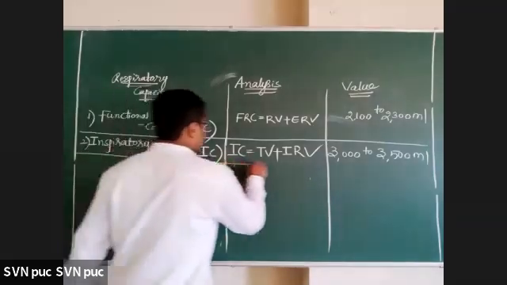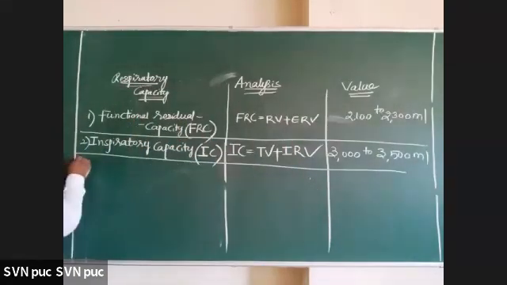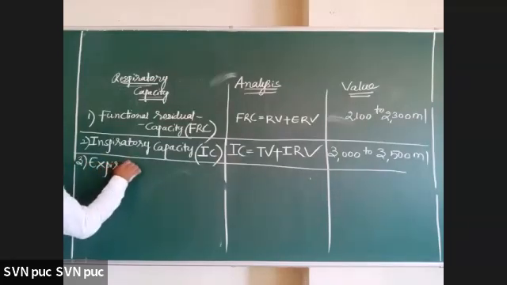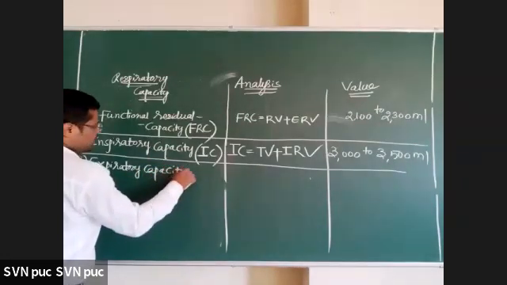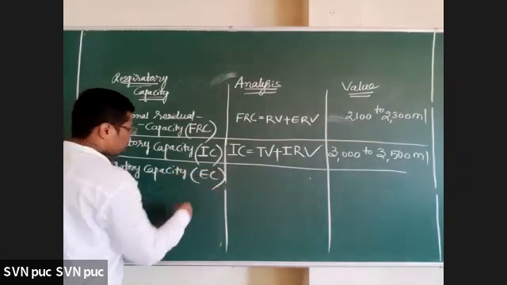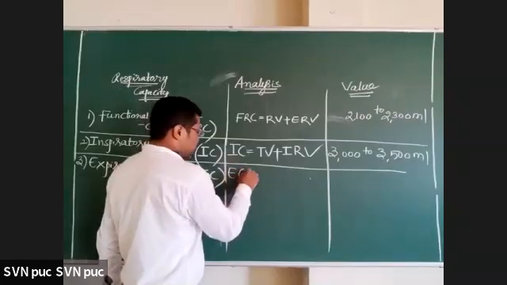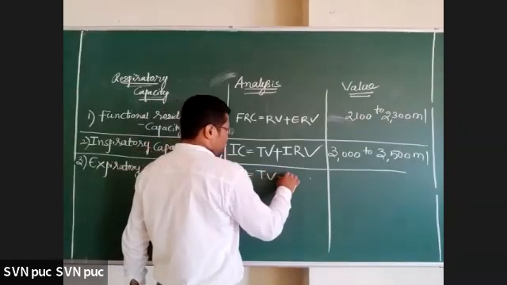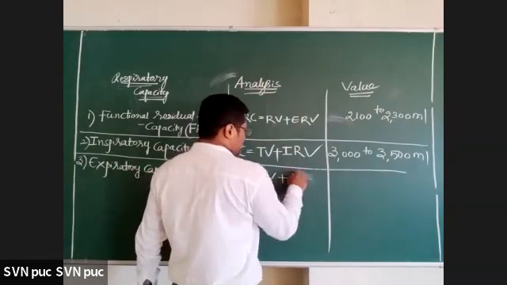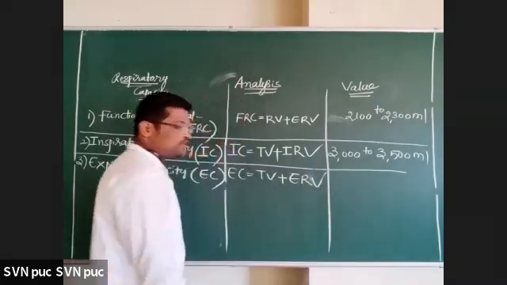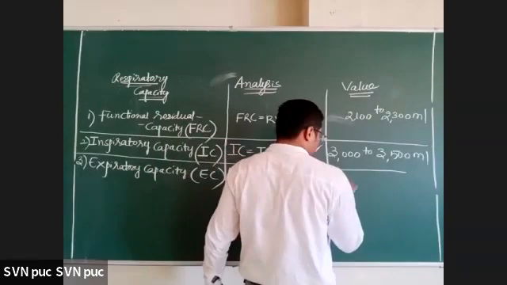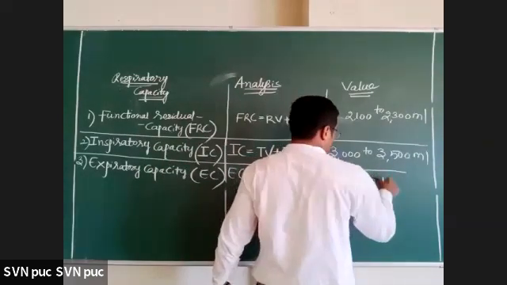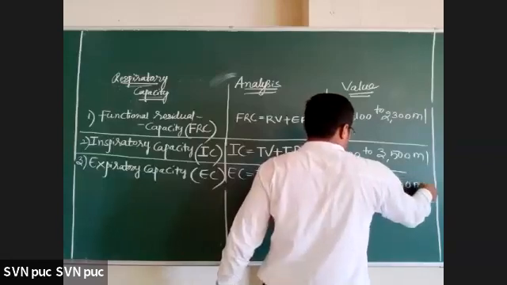And third one, expiratory capacity or EC. EC is equal to tidal volume or TV plus expiratory reserve volume or ERV. And EC is about 1500 ml to 1600 ml.